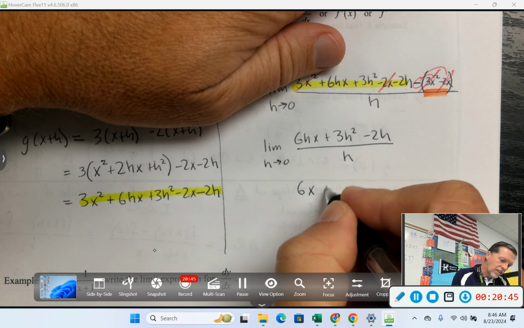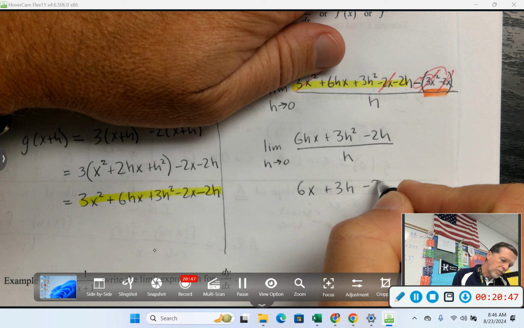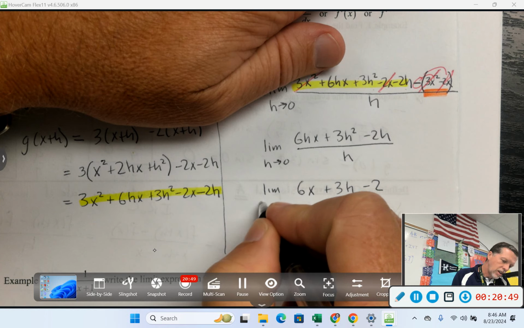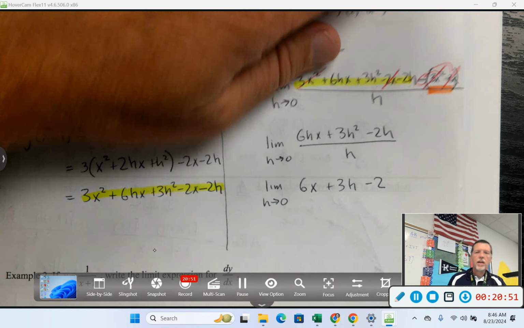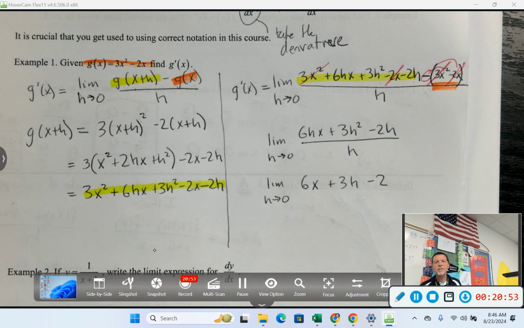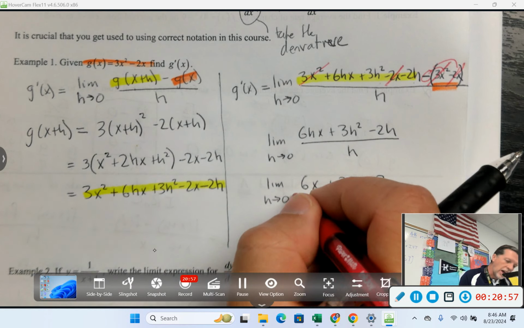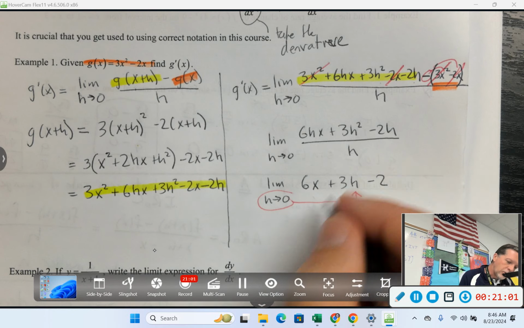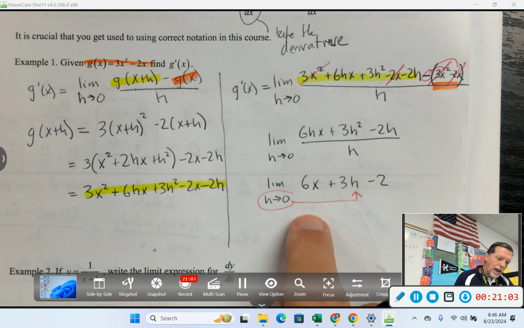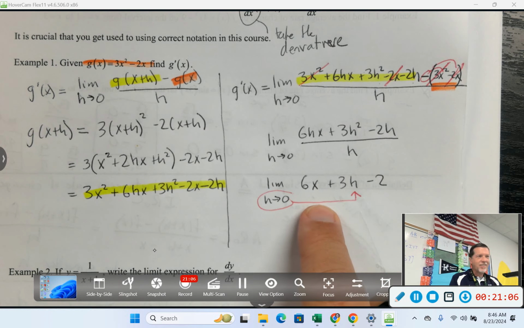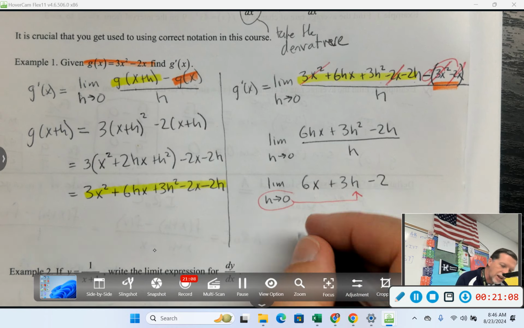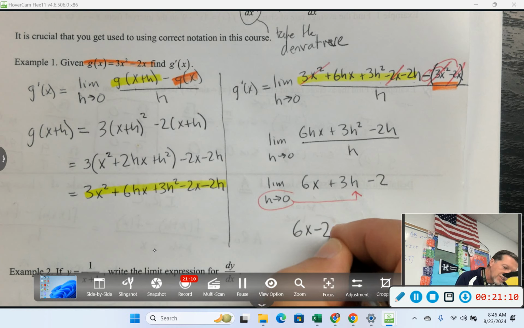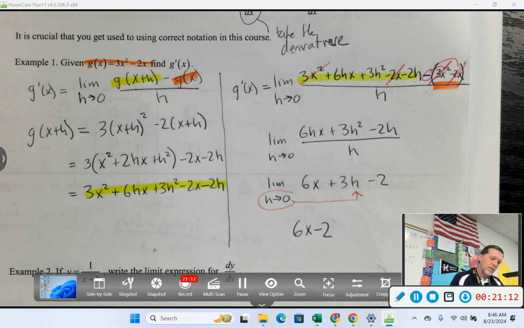So 6x plus 3h minus 2. I'm still doing the limit as h approaches 0, but now I don't have an h in the bottom anymore, so now I can plug in h equals 0. So wipe out that middle term. I'm only plugging in h is 0, so the 6x, nothing happens to that. Minus 2, nothing happens to that. So my answer is 6x minus 2.